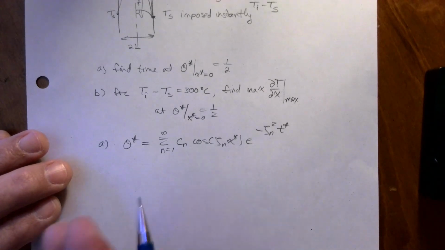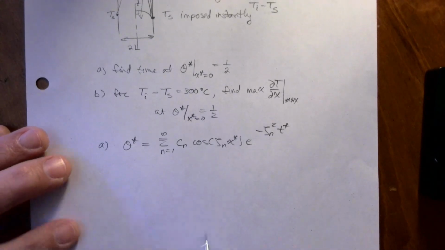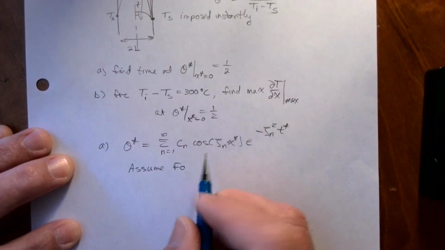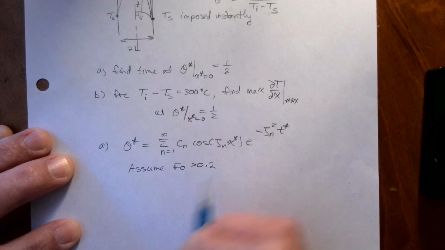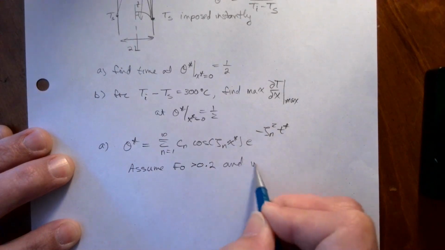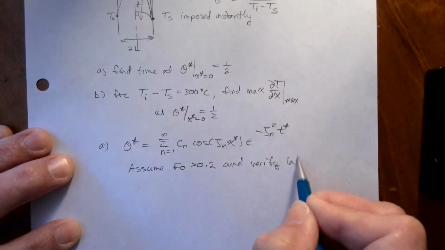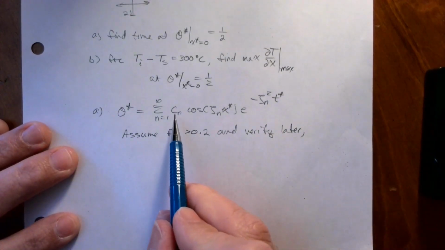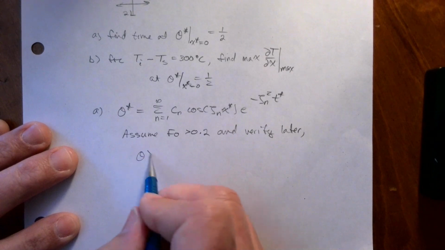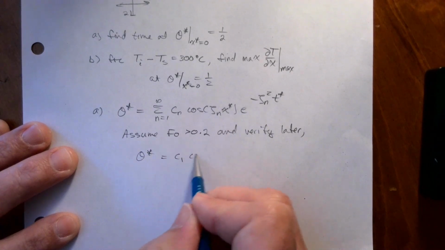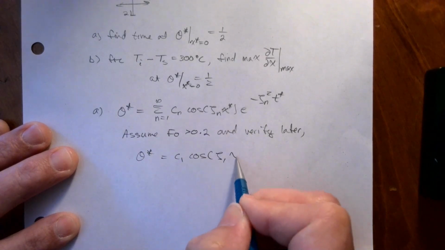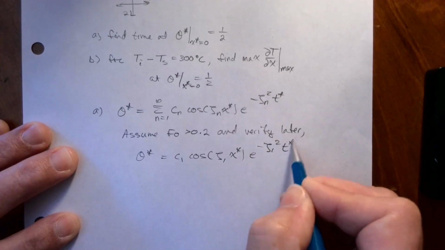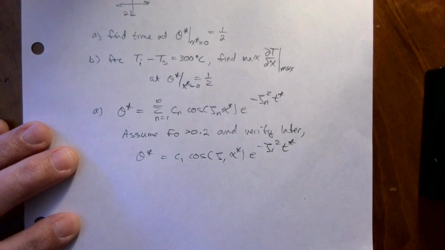Let's assume that first, use a one-term approximation, and then verify it later. So we'll assume the Fourier number is greater than 0.2, and we can't forget to verify later. If it's greater than 0.2, I only need the first term of this series. So theta star is equal to C1 cosine zeta 1 x star e to the minus zeta 1 squared t star.